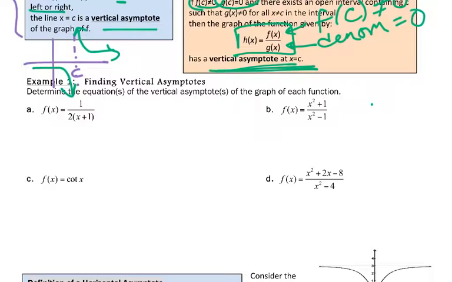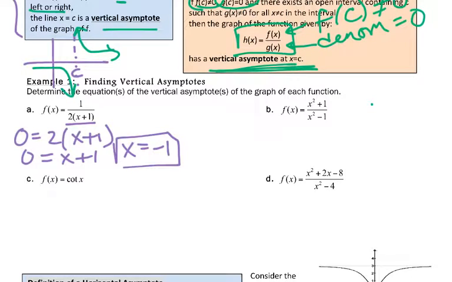Okay, so quick review, finding vertical asymptotes. Here's our function. We have vertical asymptotes when the denominator equals 0. So 0 equals 2 times x plus 1. Divide both sides by 2. 0 equals x plus 1. So x equals negative 1. That's our vertical asymptote.